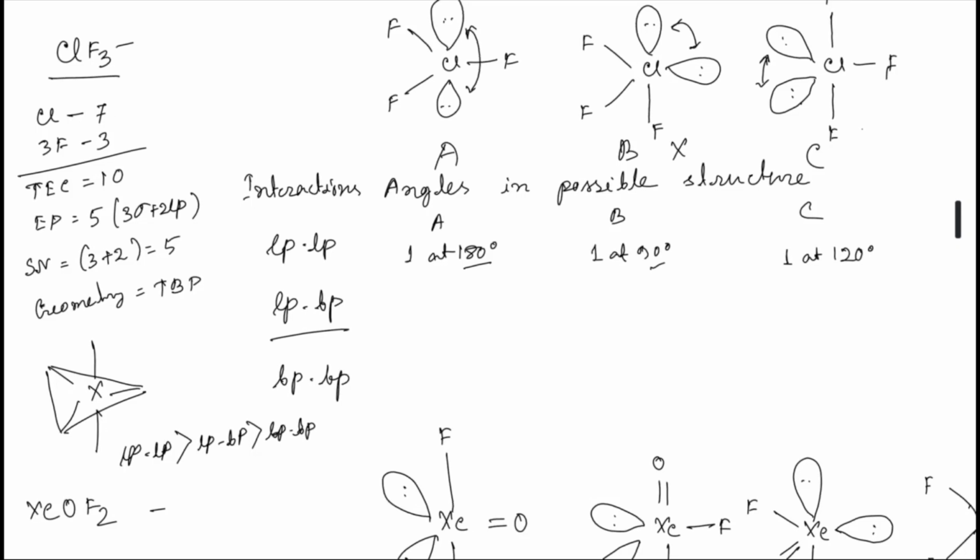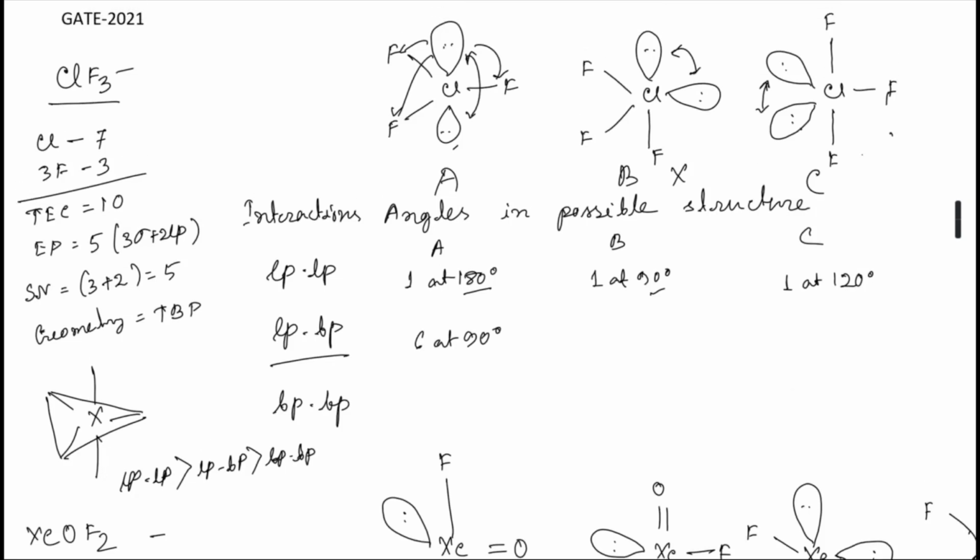In structure A, the lone pair interacts with these 3 fluorine at 90 degree, and the same for the other lone pair, so there are a total of 6 interactions at 90 degree. Now in case of C, this lone pair interacts with this fluorine at 90 and this fluorine at 90, and similarly the other lone pair, so a total of 4 interactions at 90 and 2 interactions at 120.